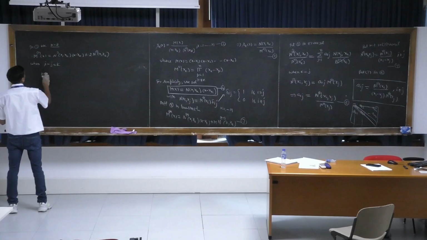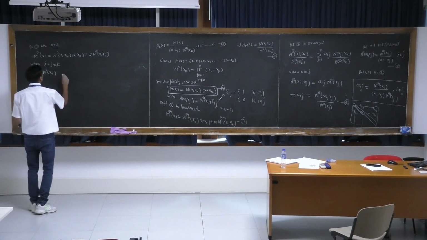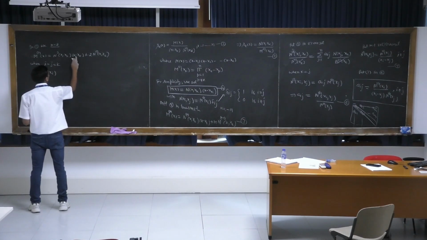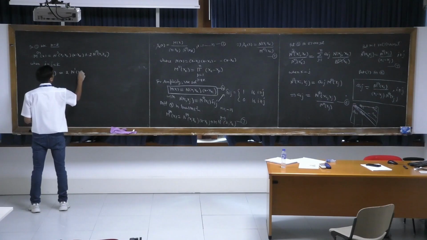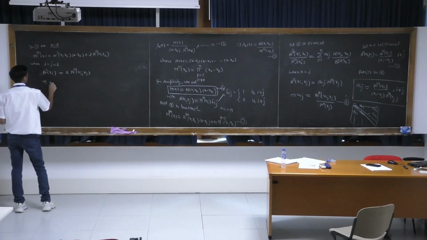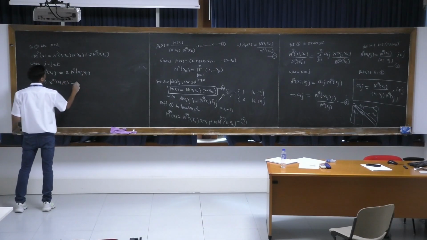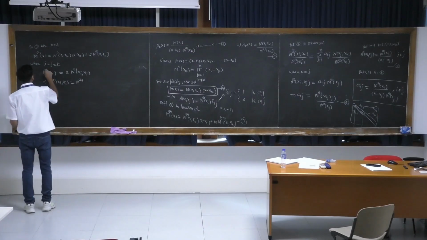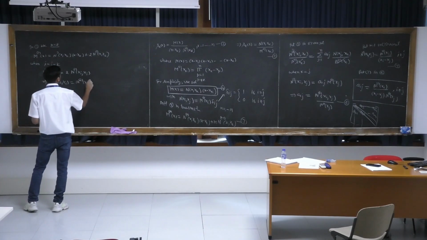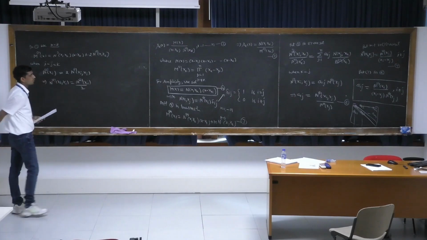We get m2 of xi, and because this becomes I, this becomes 0, or that is equal to twice n1 of xi. So this implies n1 of xi is equal to the second derivative of this at xi divided by 2.